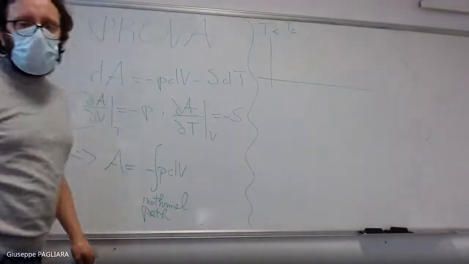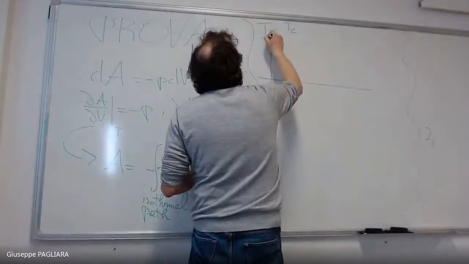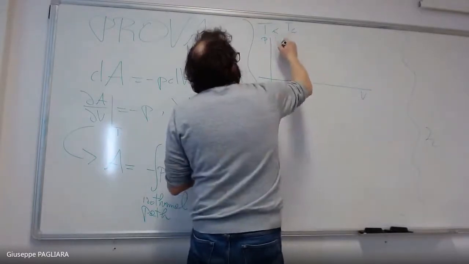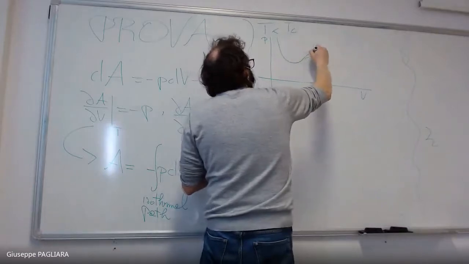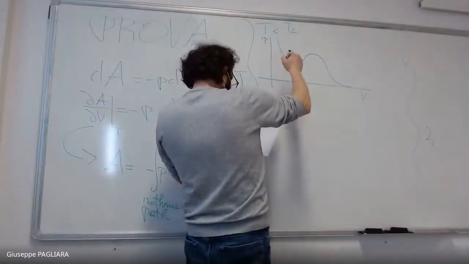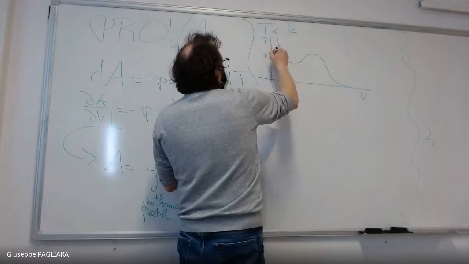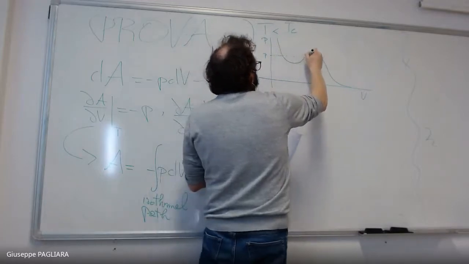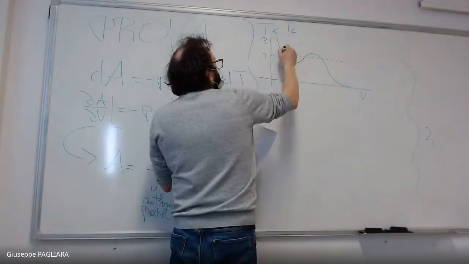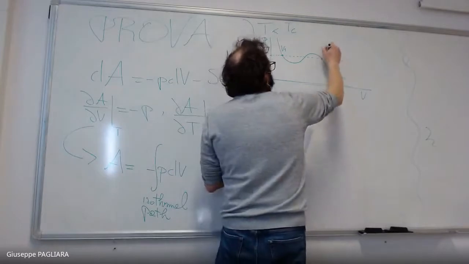what we get from the van der Waals gas is the following. Let's try to do the plot in a decent way. This is P, this is volume. Then suppose that we have here a certain value of pressure, P. And let's call this intersection V1, and this is V2.